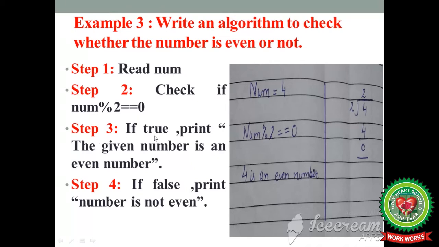If true, means if the number is divisible by 2, it will print the given number is an even number. Step 4. If false, means if the number is not divisible by 2, then it will print number is not even. So this is an algorithm to check whether the number is even or not.